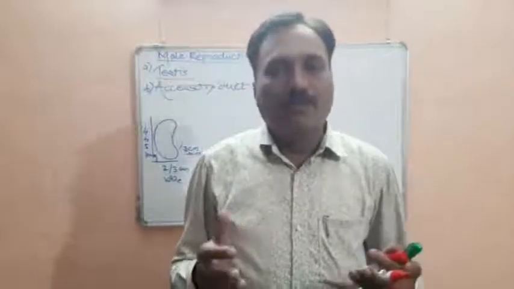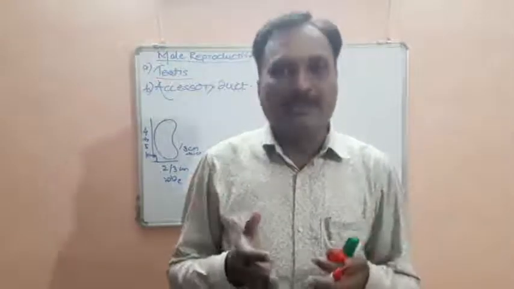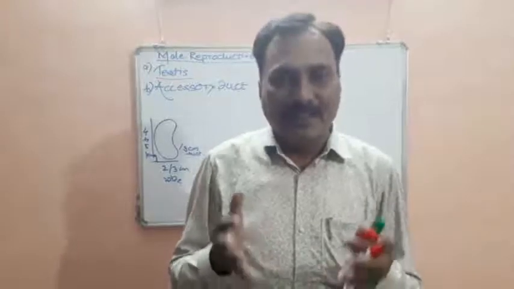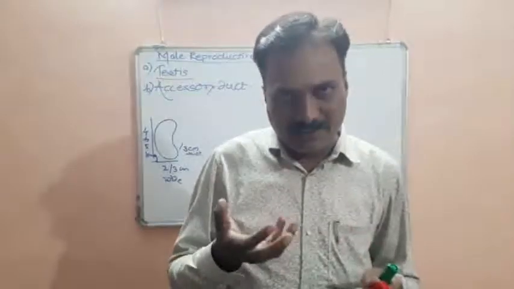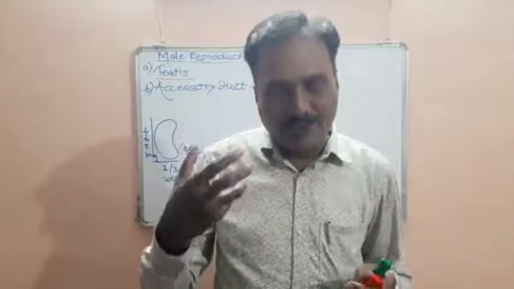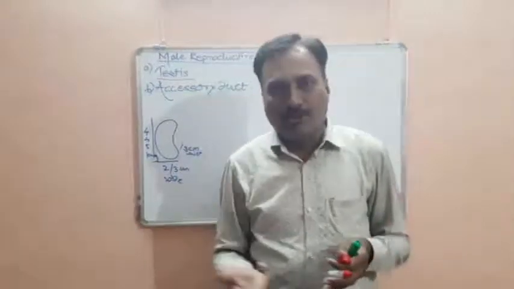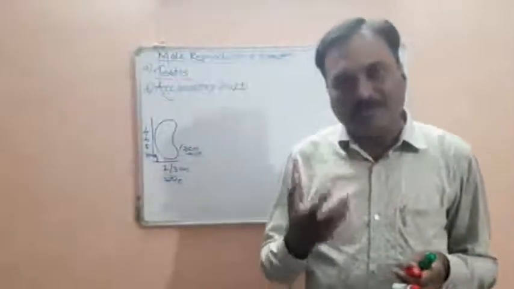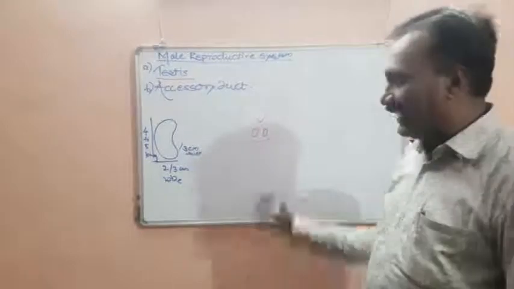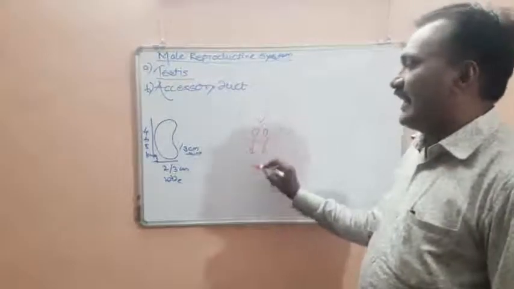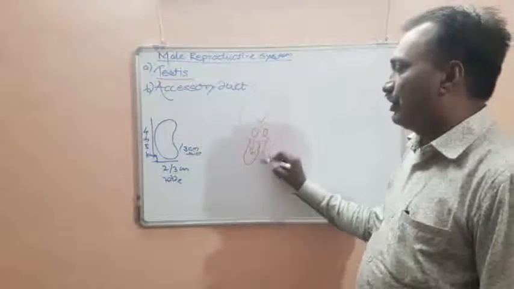In the early stage of development of the embryo, that is in the fetal life, the pair of testes are present in the region of the abdomen, and later on they descend from the abdomen into a pair of sac-like structures called the scrotum. So initially in the fetus both testes lie in the abdomen, but later they descend into the sac-like or pouch-like structure called the scrotum.